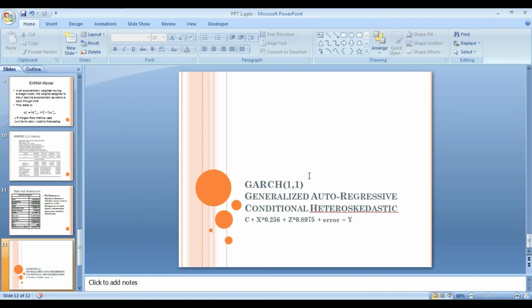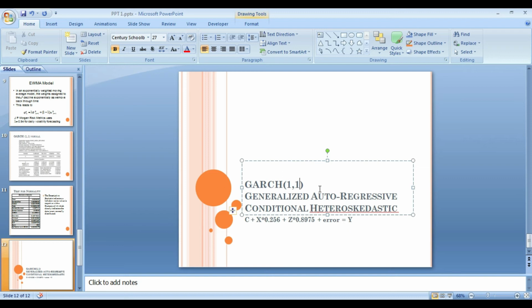So since through our model we will be estimating the coefficients of the x and z variables, we also have to take into account the estimation for error. What should be the estimated error? That is taken care of by this second one, the moving average term, which is incorporated in this GARCH class of models.